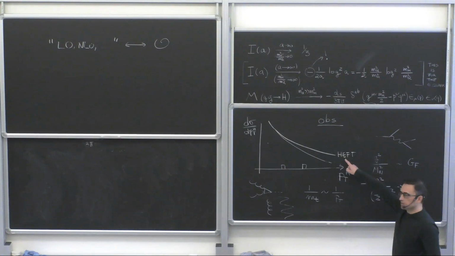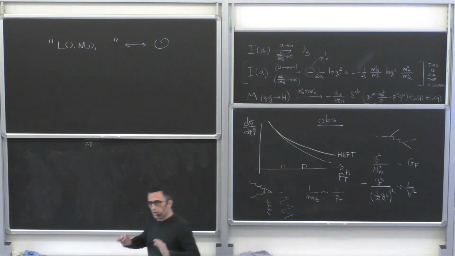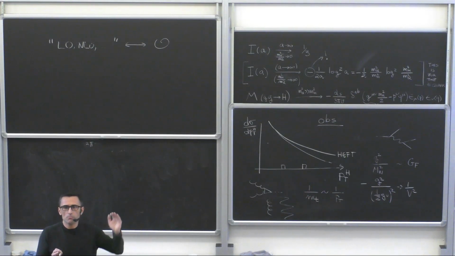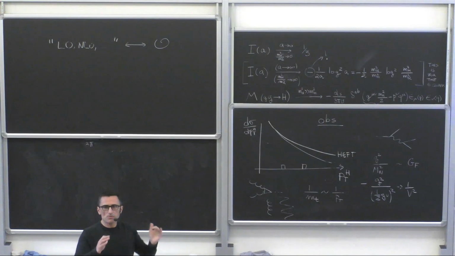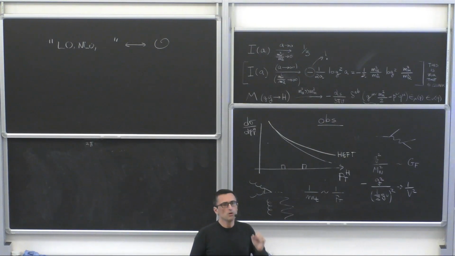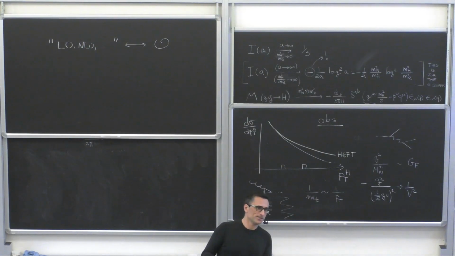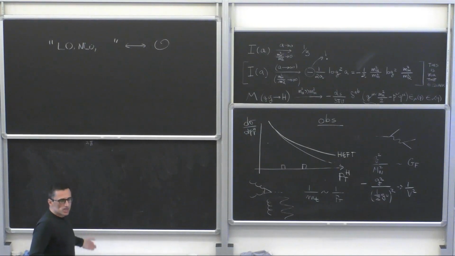Imagine that I show you a plot where I didn't explain anything, and I put the two curves, and I told you one is the standard model prediction, and the other one is the approximation with the shrunk loop. Would you have guessed which one was which? Of course, the answer is yes.